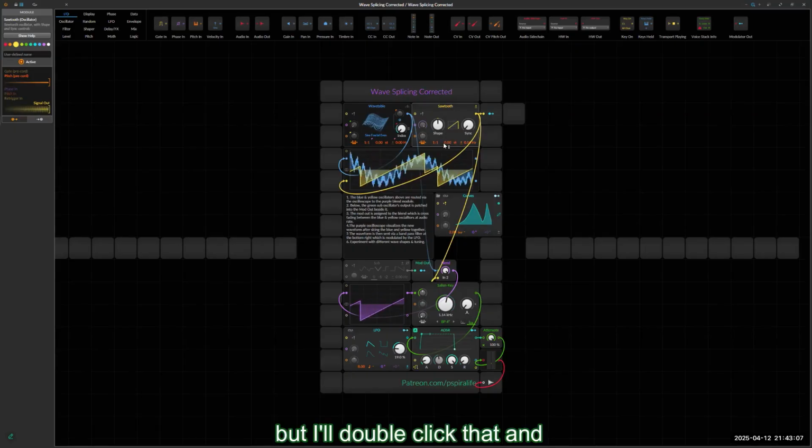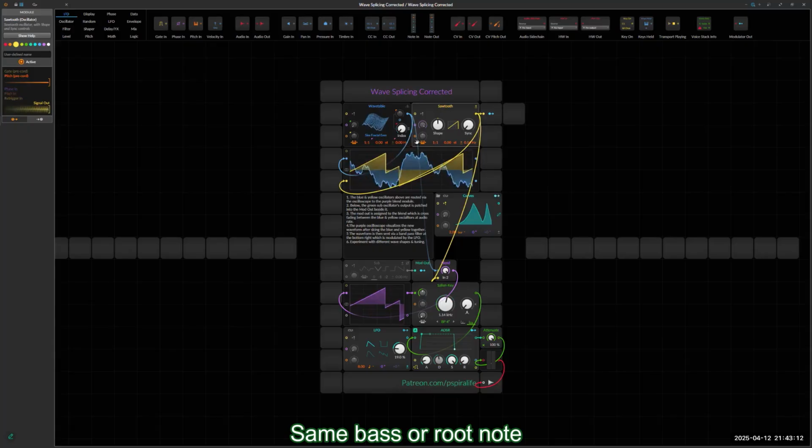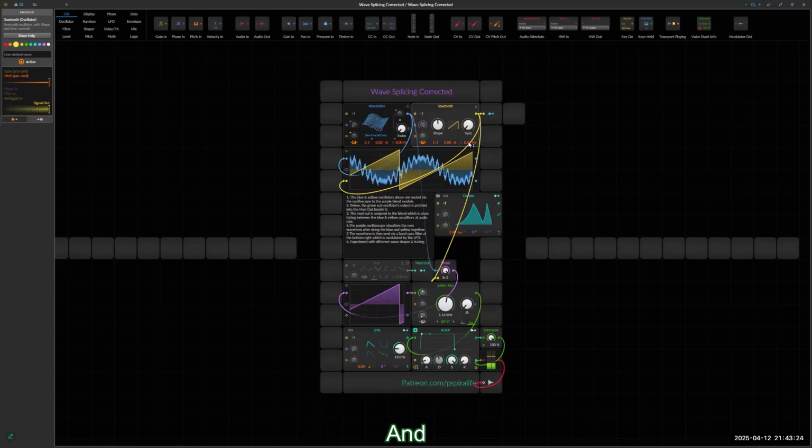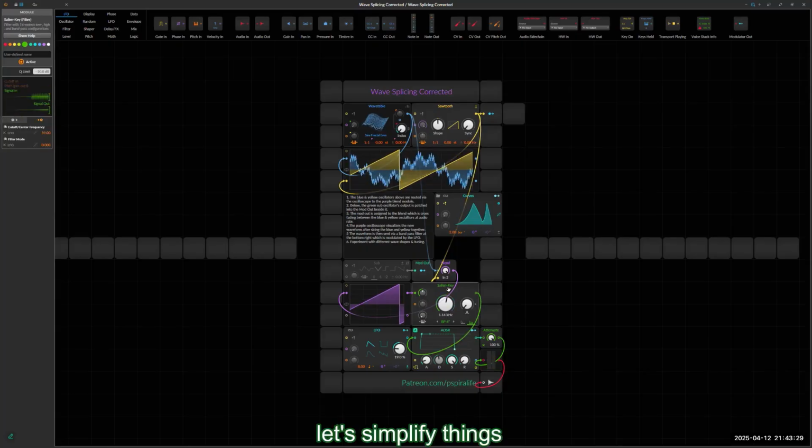But I'll double click that and set it to the same root note. There's some stereo detuning on it, so I'll switch that off. So now we're just mono. Let's simplify things and turn off the filter.